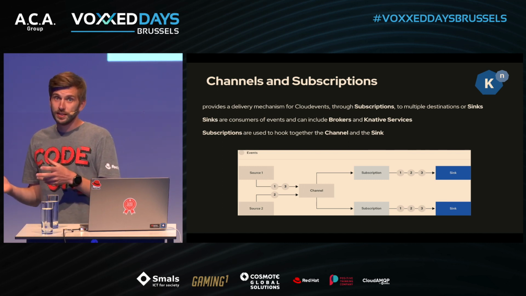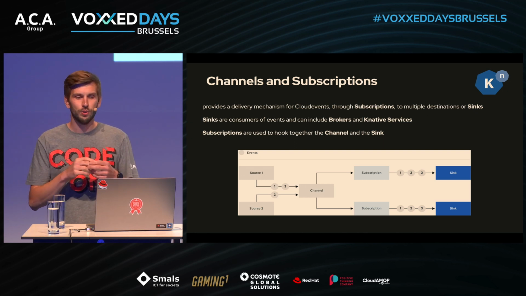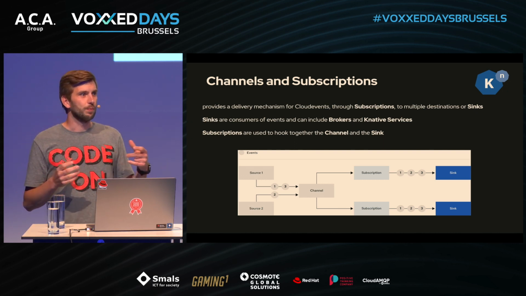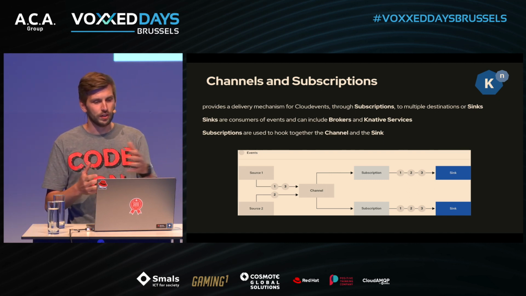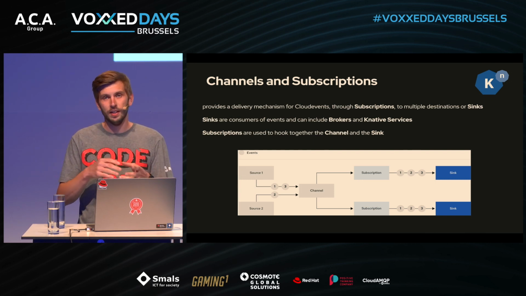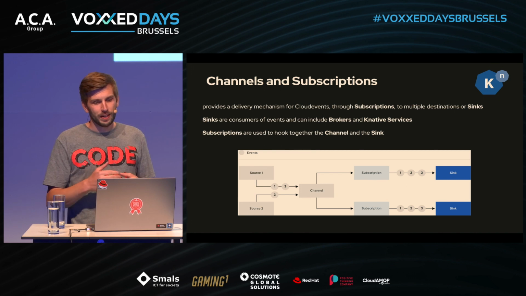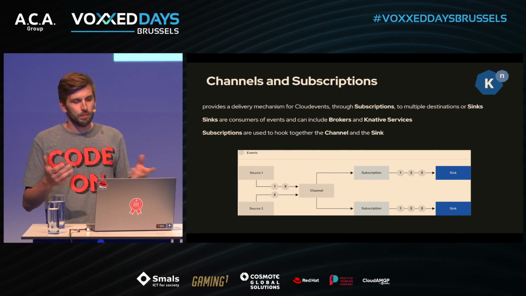Channels and subscriptions is the second concept. Here you would have a channel where multiple sources can generate events and send them to the channel, and a sink can be subscribed to a channel, and once you are subscribed, you get all the events on that channel.